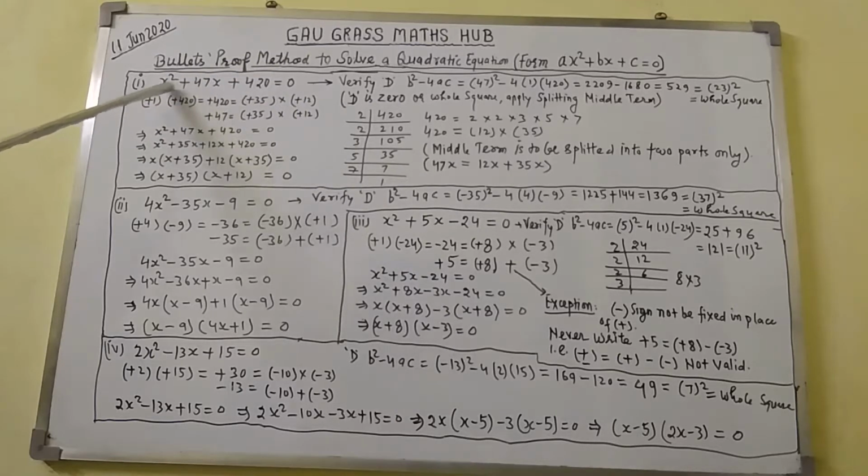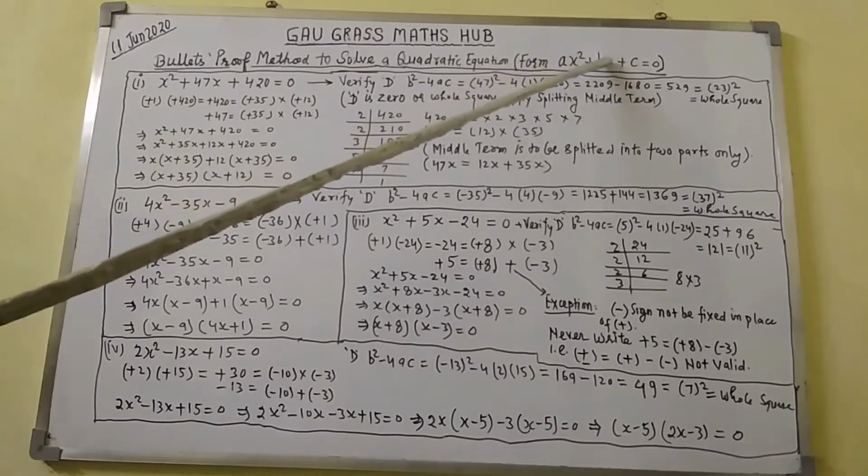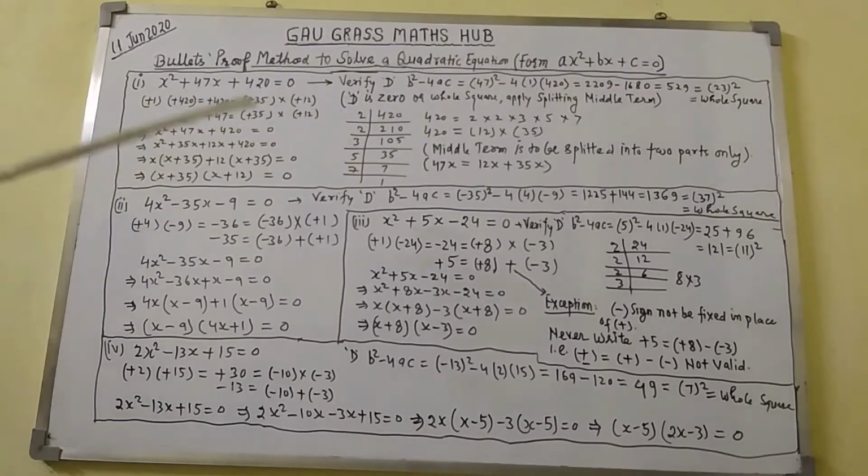You can see this is a quadratic equation in the form ax square plus bx plus c equal to 0. Now you can see the coefficient of x square is 1, the coefficient of x is plus 47, and the constant value is plus 420.